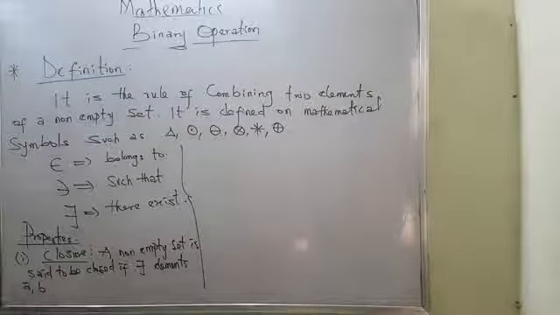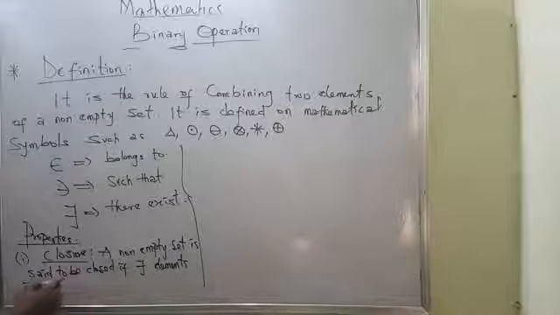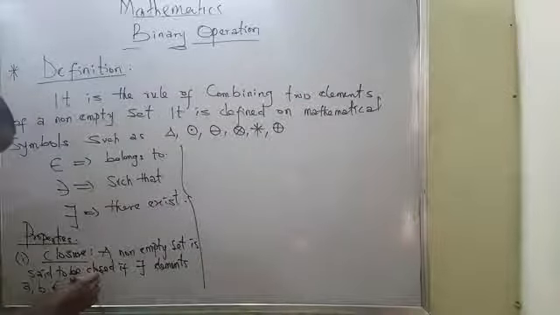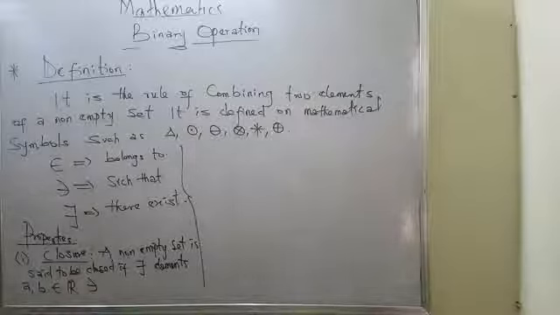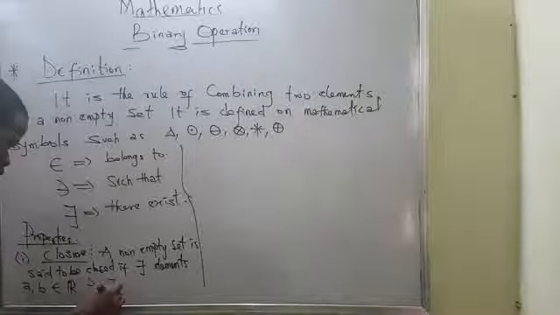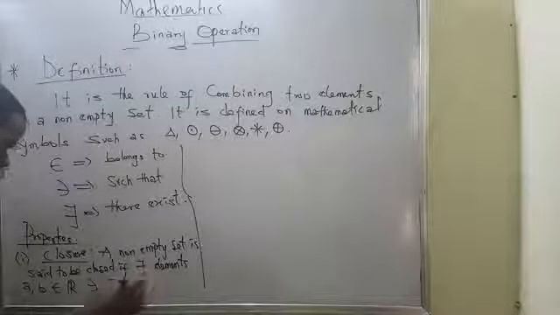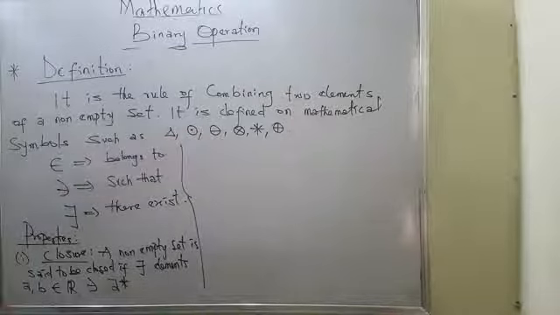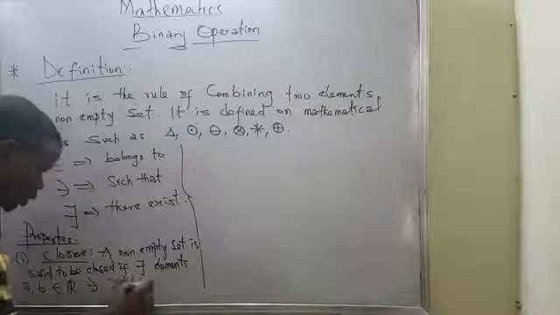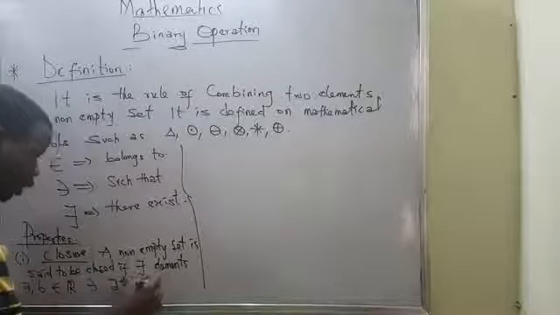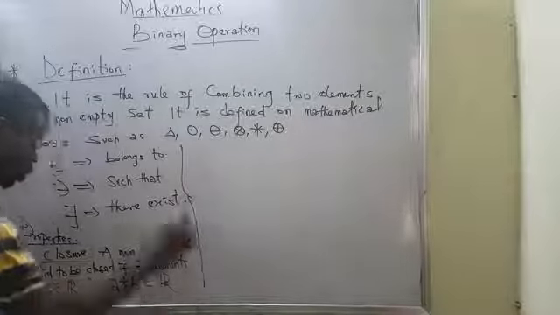Could be anything; you can use x, y, z, anything. So we have elements a, b that belong to the set of real numbers, such that a asterisk b also belongs to the set of real numbers.